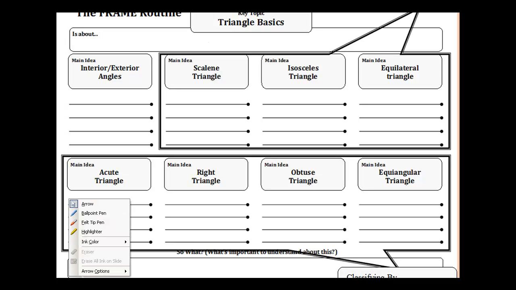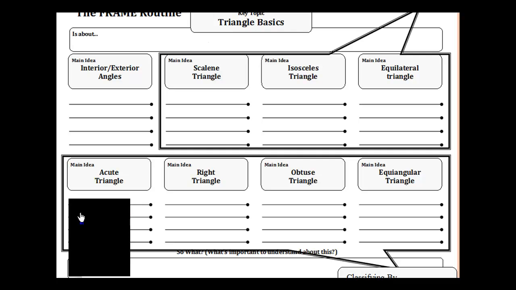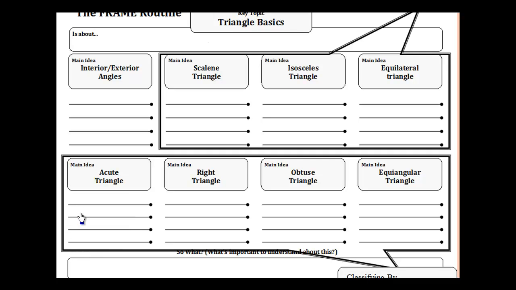We're going to start by filling in this frame, and it's all about the triangle basics. It's about knowing how we name three-sided shapes, or triangles, based on side length and angle measure.